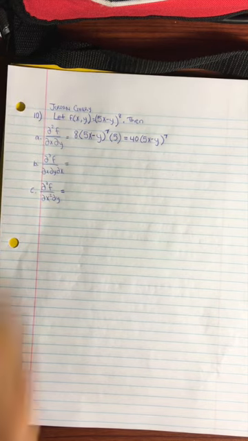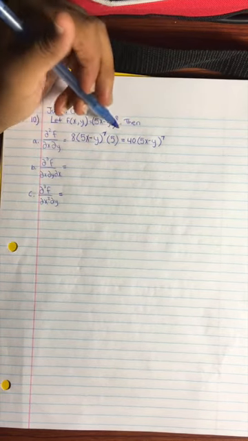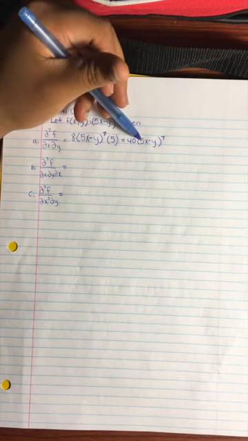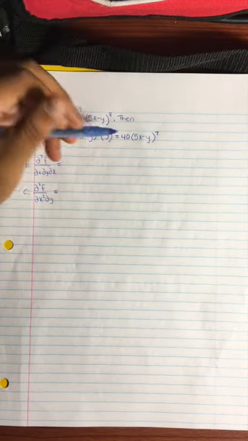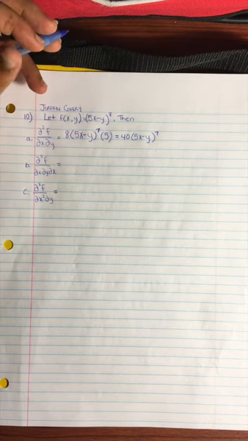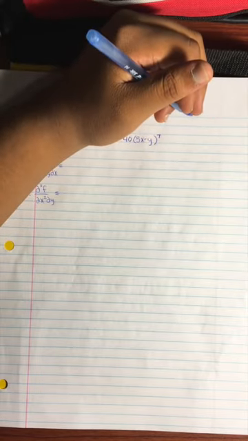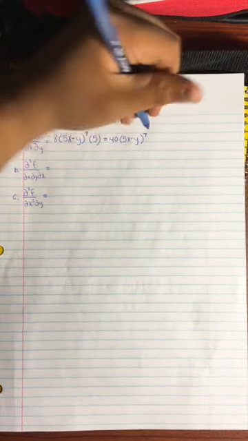So we're not done. Now we have to find the partial derivative of 40 (5x minus y) to the seventh with respect to y. So what we're going to do is multiply this out.